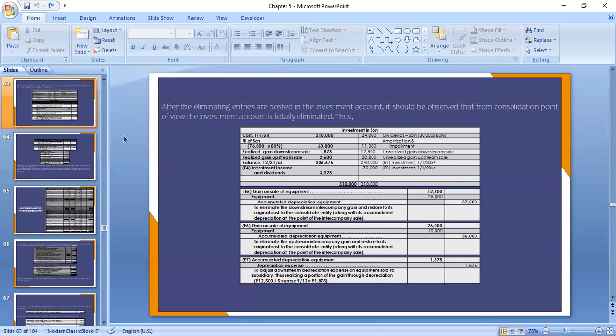Here we have number 6, gain on sale of equipment, debit to equipment, credit to accumulated depreciation, and here for E6, debit to gain on sale and debit to equipment, credit to accumulated depreciation to eliminate the upstream intercompany gain and restore to its original cost to the consolidated entity along with accumulated depreciation at the point of the investment sale.